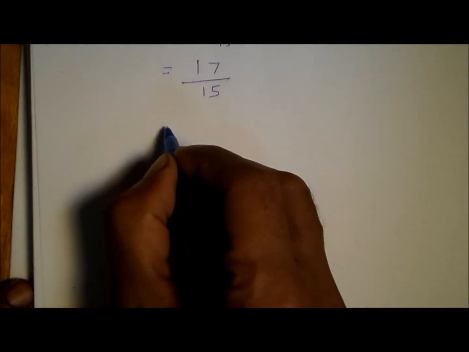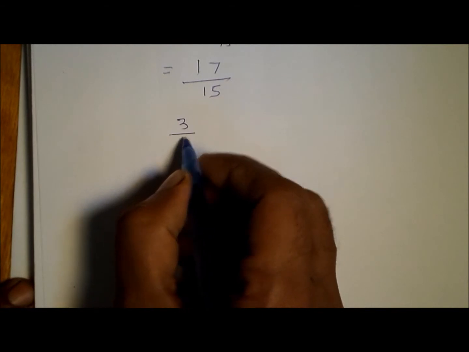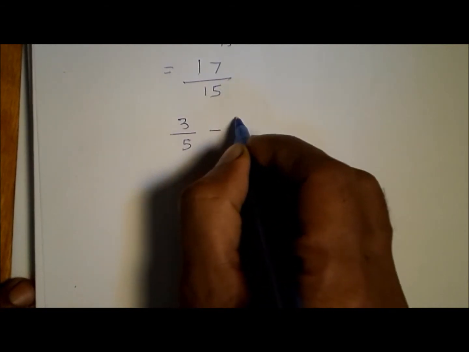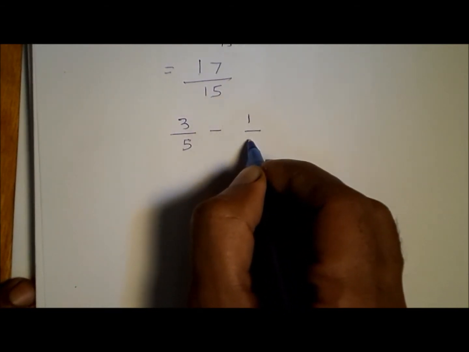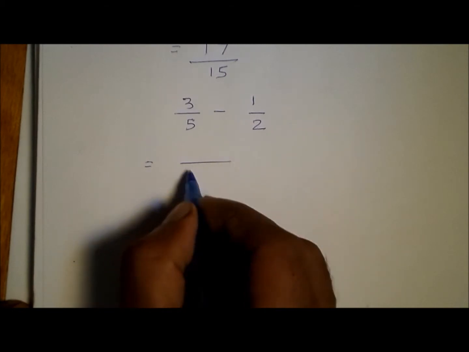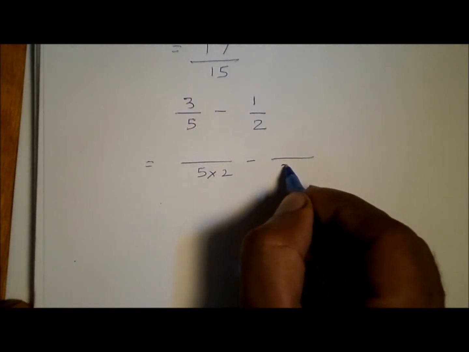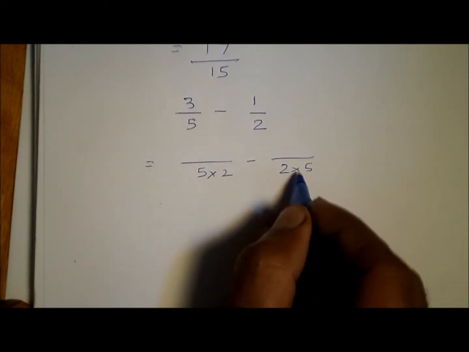Let's try to do some other problems. We want to subtract 3 by 5 minus 1 by 2. How do we go about it? We multiply 5 by 2, and we multiply 2 by 5, so both of them become equal.